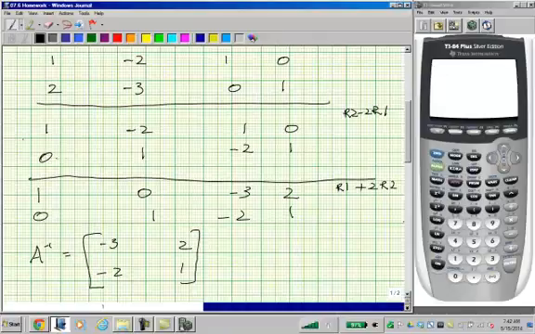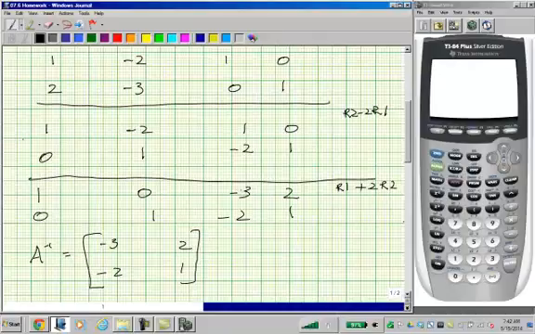Notice that the bottom row now matches the identity matrix. And the top row matches the identity matrix, except for the second element, negative 2. So all I got to do is make this element 0, which I accomplish by taking R1 plus 2R2. R1 plus 2R2 gives me 1, 0, 0, 1.